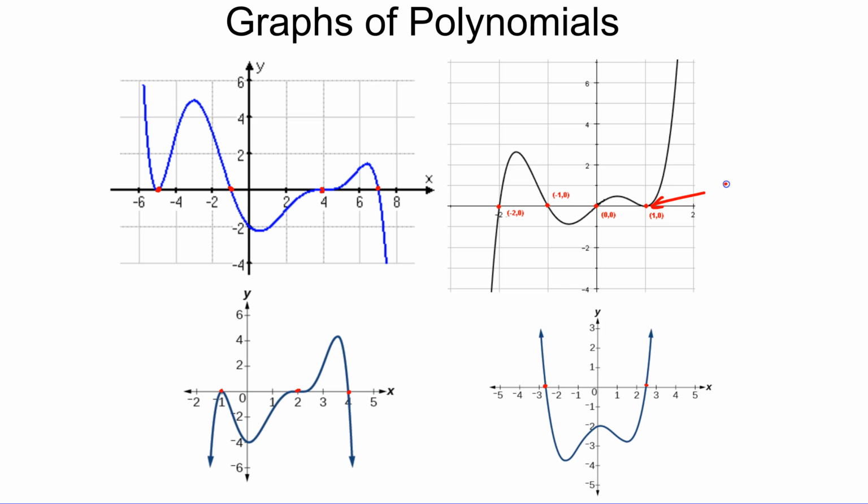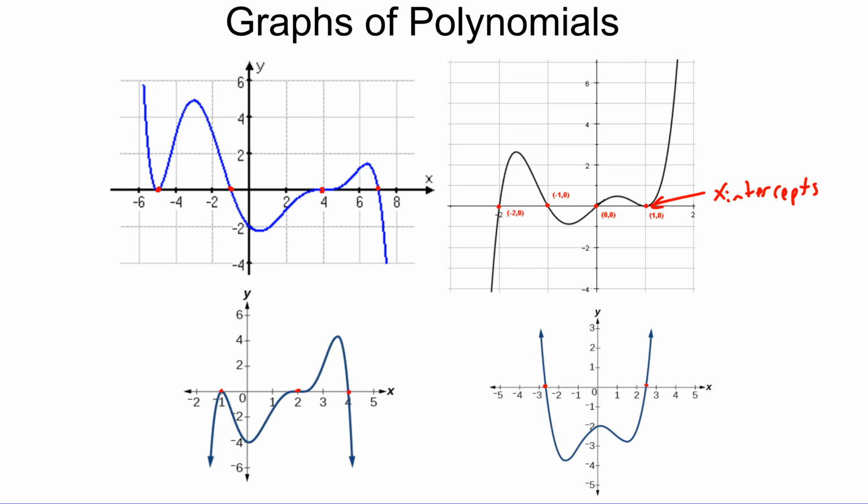So x-intercepts is a key aspect of behavior. Another key aspect of behavior that we can see here is that on those x-intercepts, they act different ways. Sometimes my graph goes through the x-intercept. Sometimes it bounces off and doesn't really cross through the x-axis.